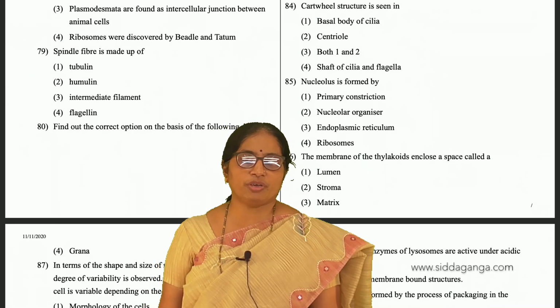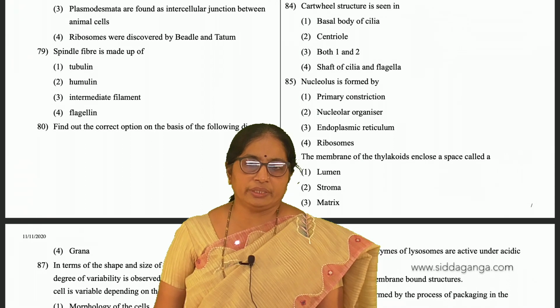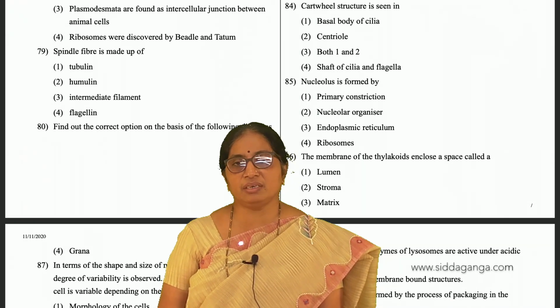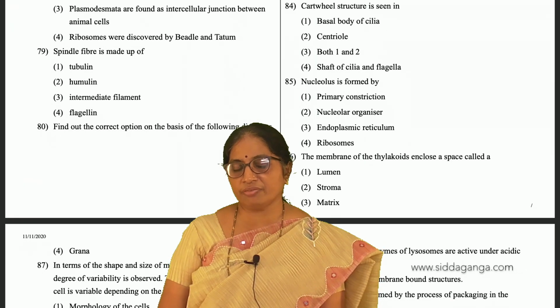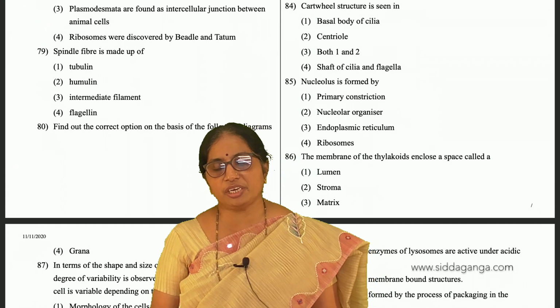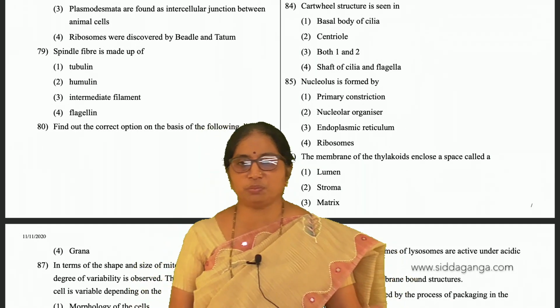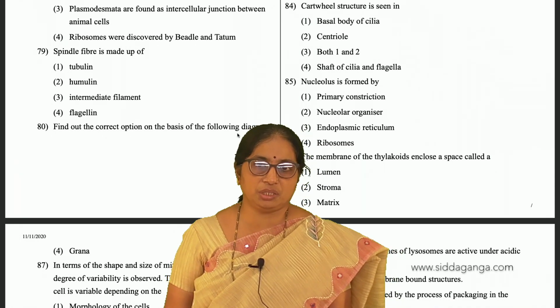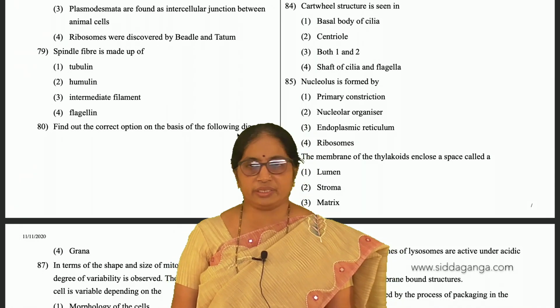So the basal body of cilia or the axoneme does not contain the cartwheel structure. In cilia and flagella you find the 9+2 arrangement of microtubules. So, 9+2 organization is seen and you do not call it the cartwheel structure.